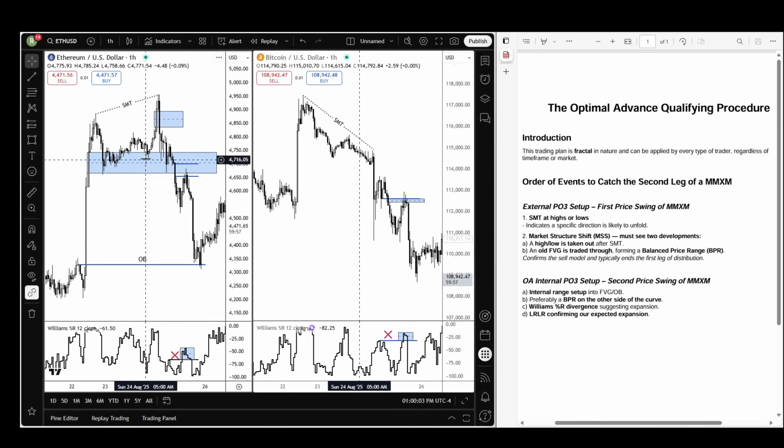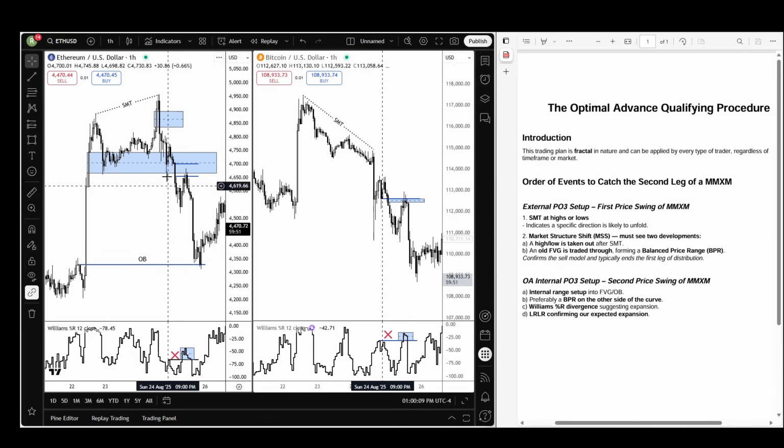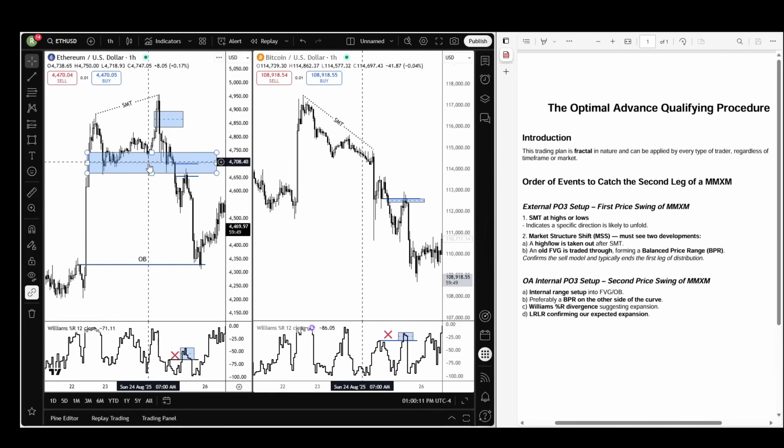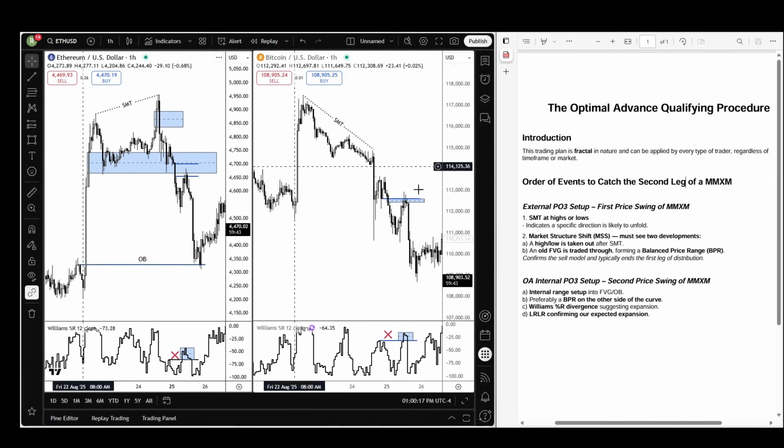We want to see old highs or lows get taken out after the SMT here. That's the first thing. It gives us good confirmation, and it's great, but the second thing is the most important thing. You can see here, market structure shift B: we want to see an old fair value gap get traded through, forming a balanced price range.